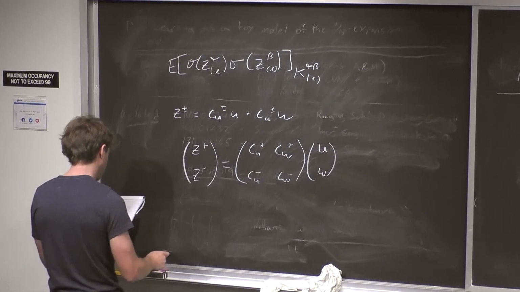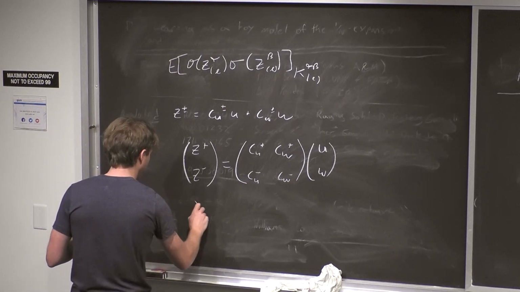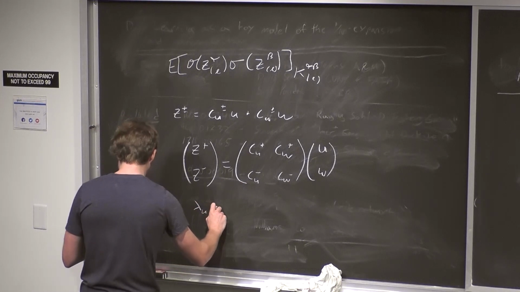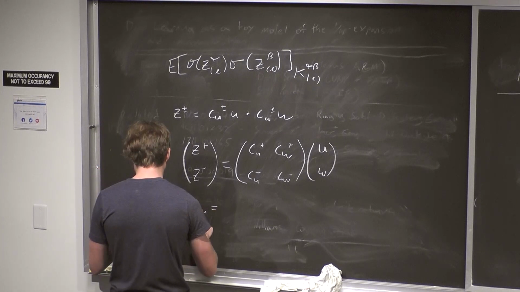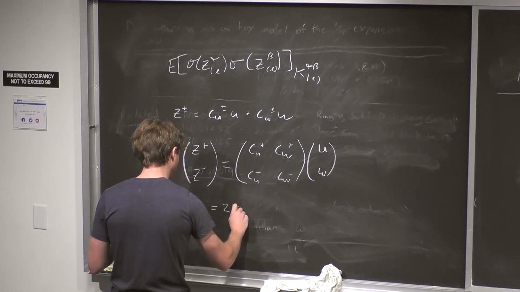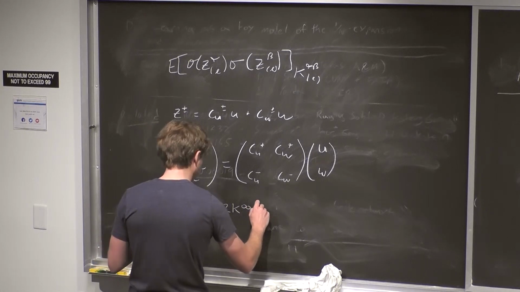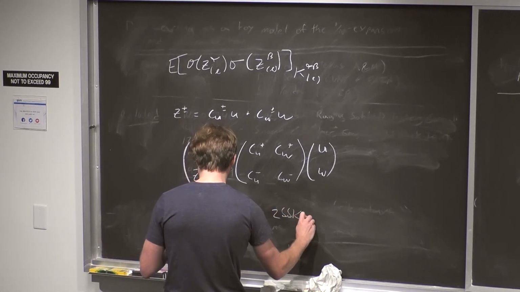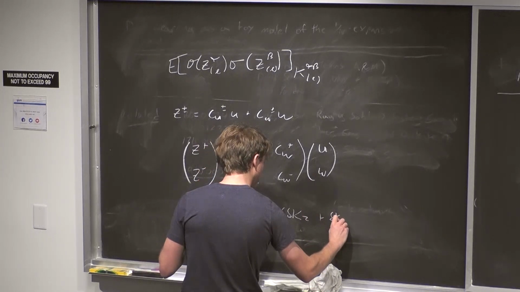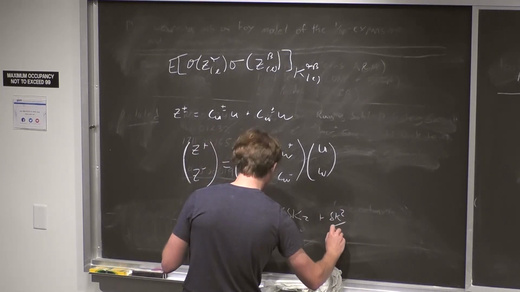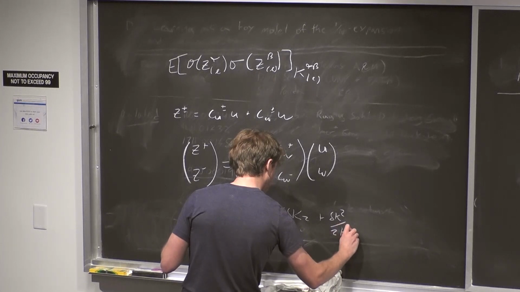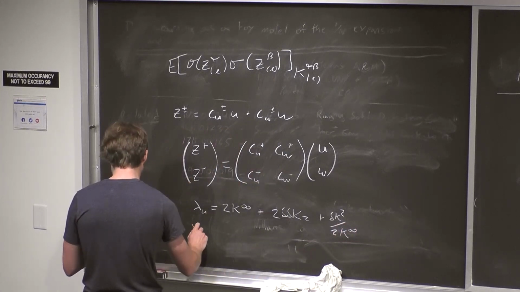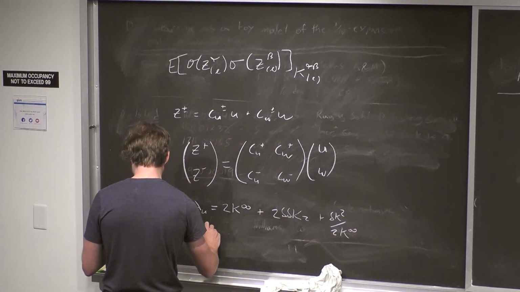And once you do this computation, you find that the eigenvalue for u, or the covariance of u, is 2 k00 plus 2 times an object that I will explain in a second. And then there's a similar expression for w.